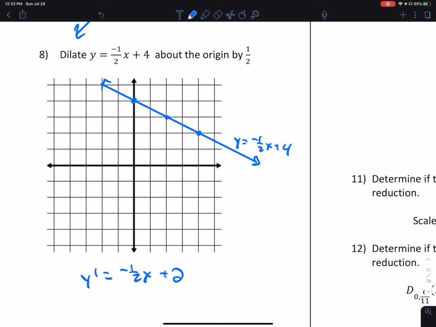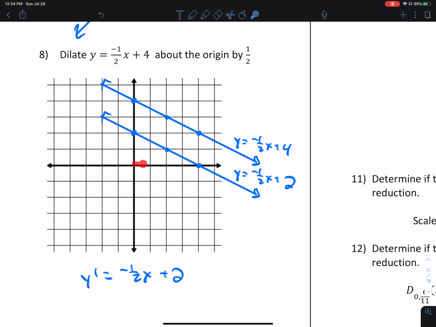And our new graph is dilated by a half, so it's half the distance from the y-axis. So the y-intercept is 2. Now, you don't have to use the y-intercept for this. You can use any point. This point here was 2 to the right and up 3.